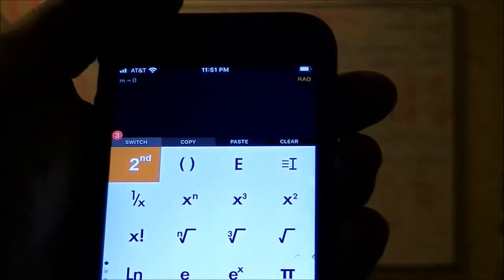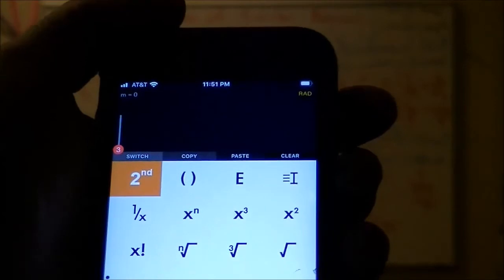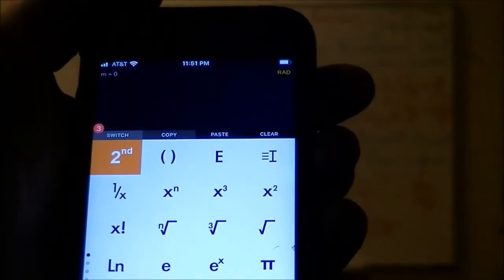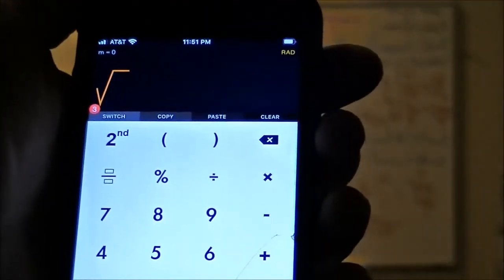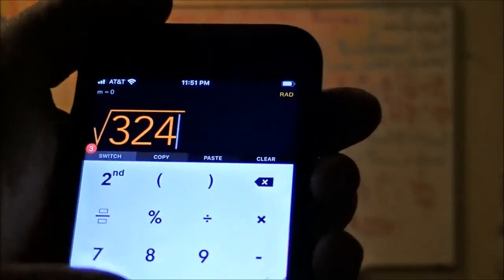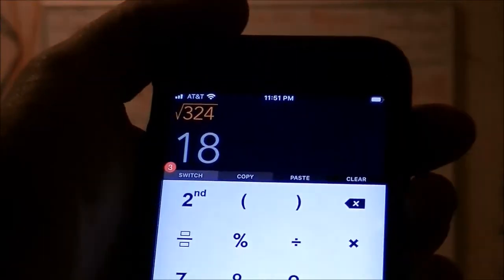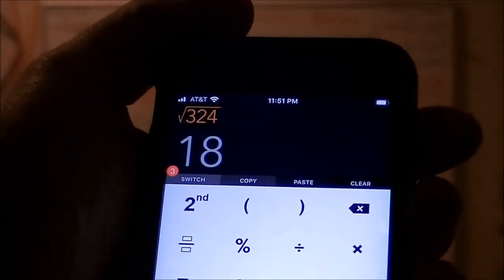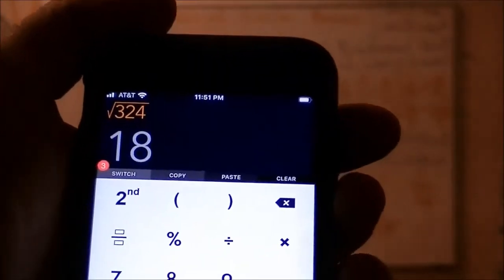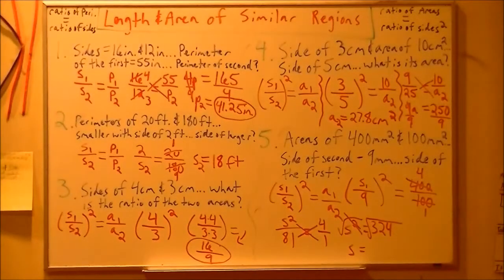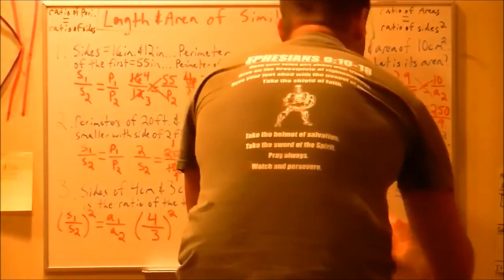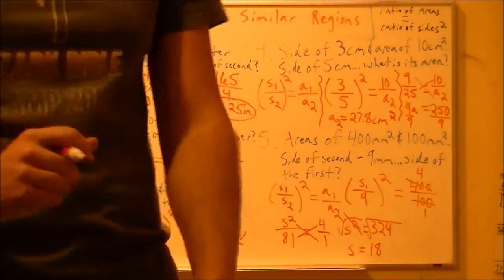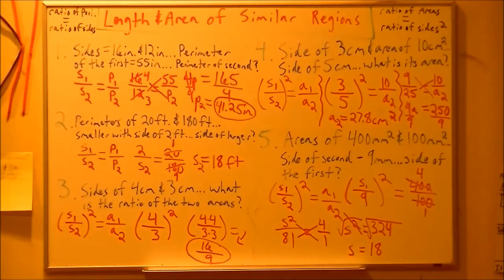But on my smartphone, I have a calculator app that's a scientific one, and if you'll notice, this one is a square root symbol. And so all that I do is now just punch in 324. What's the square root of 324? That is 18. In other words, it's 18 times 18 that gets me to 324, which who cares by this point? All that we care about is that the square root of 324 is 18, and that's all we need for our answer.